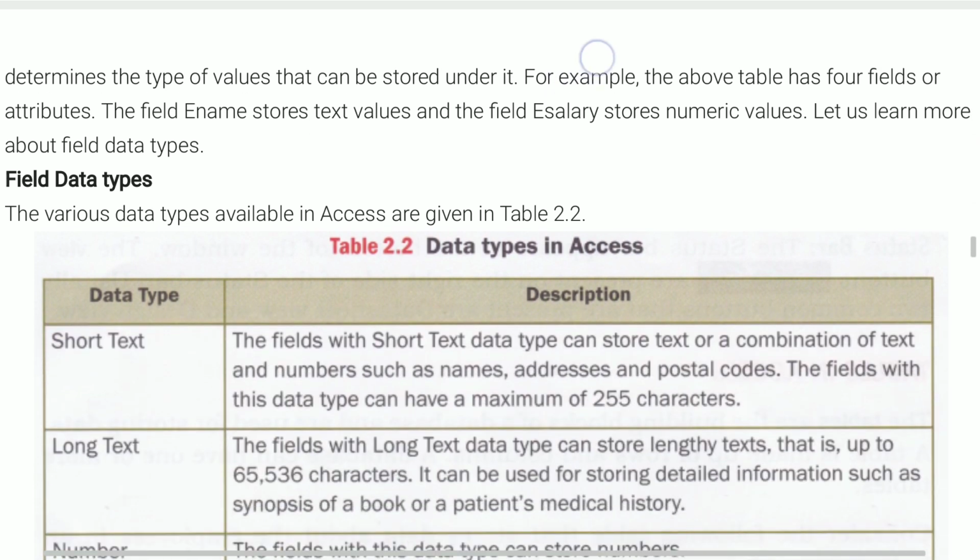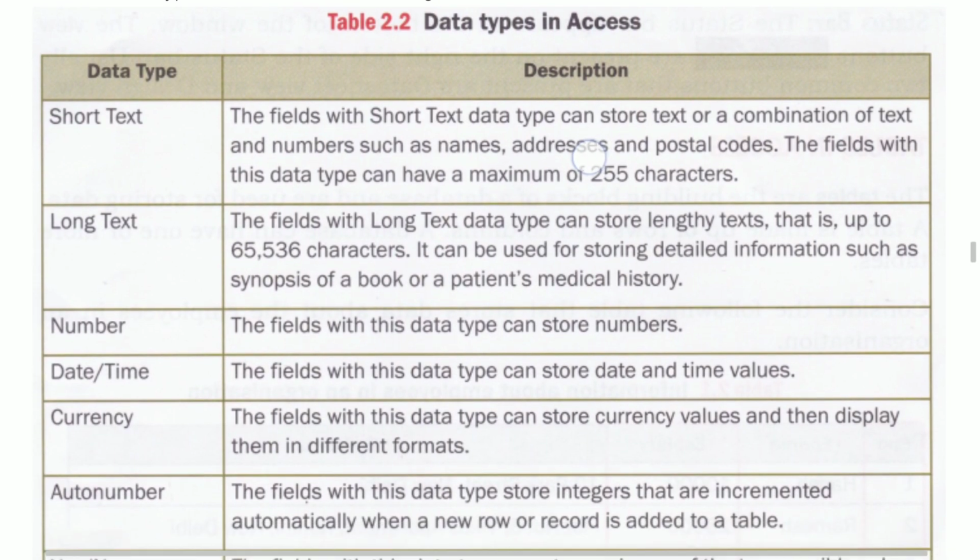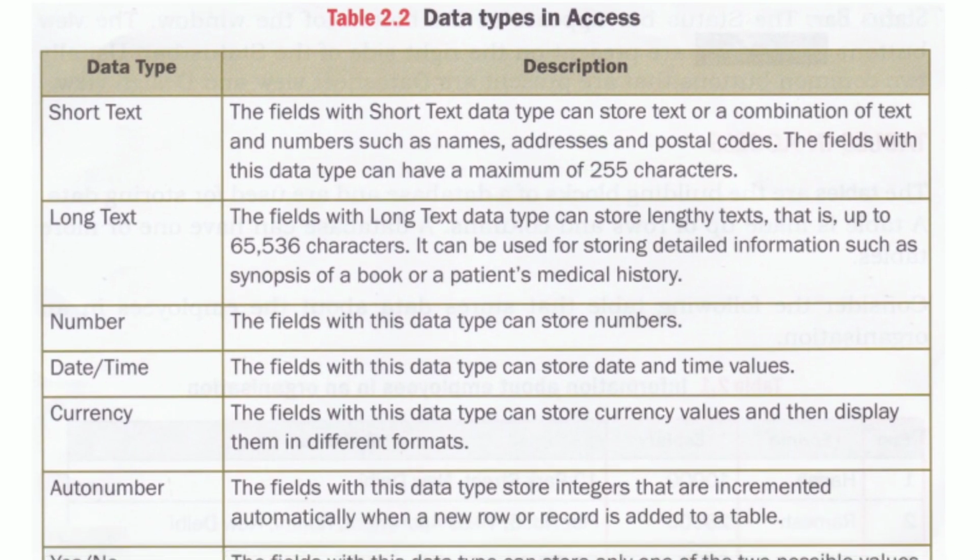As you can see on the screen, these are the data types in Access. There are different data types that can be set with the field for entering the type of value in a particular field in the table.